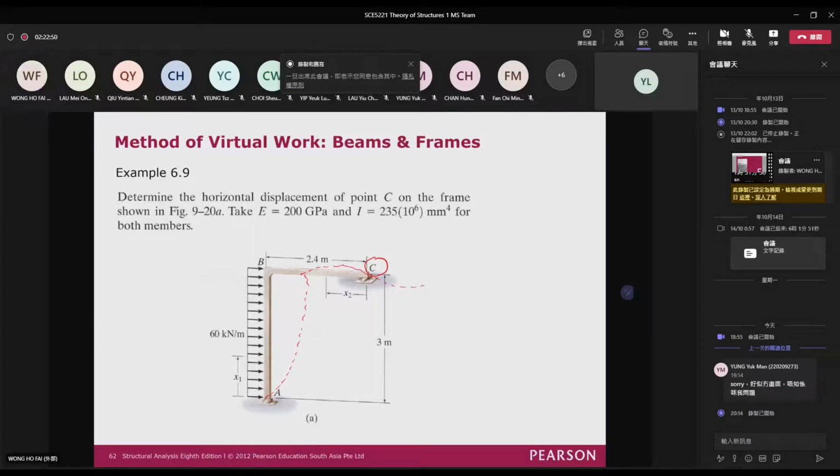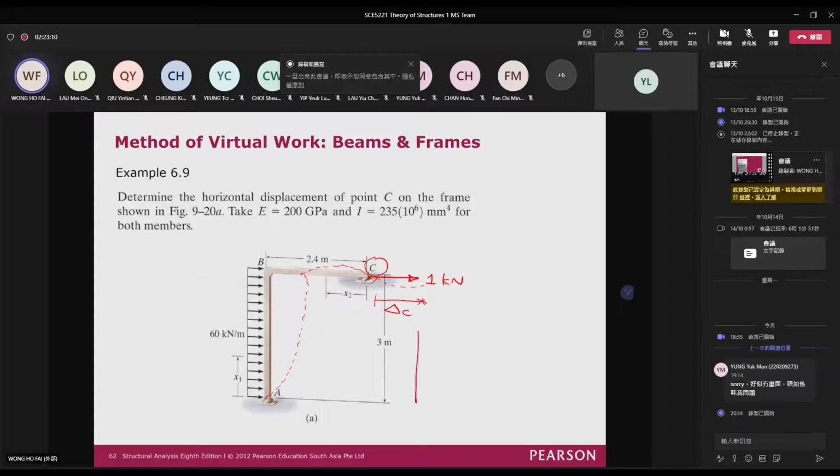Right? Then you have the so-called horizontal deformation. Then to find the horizontal deformation, actually we will apply a 1 kN force on the structure.